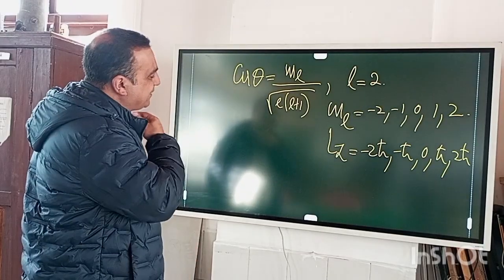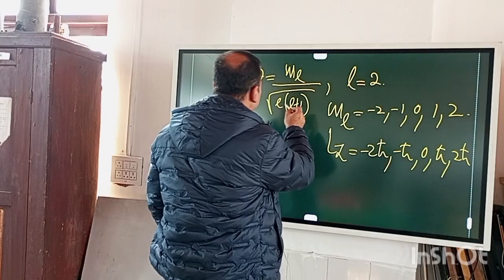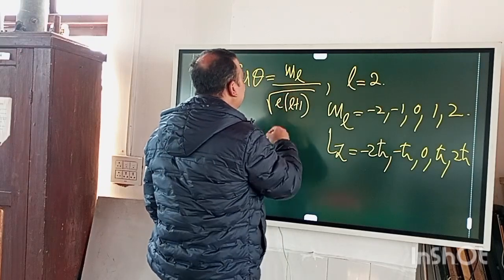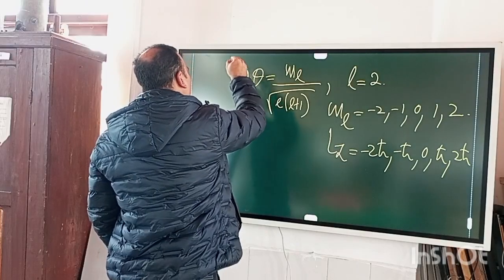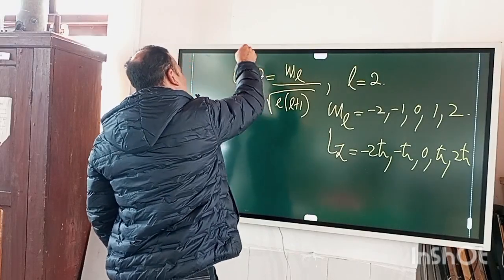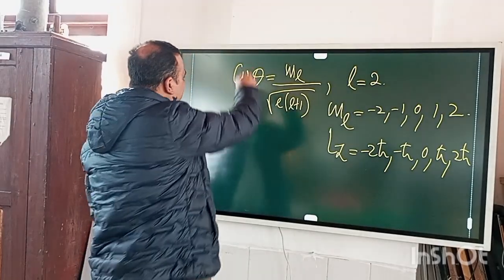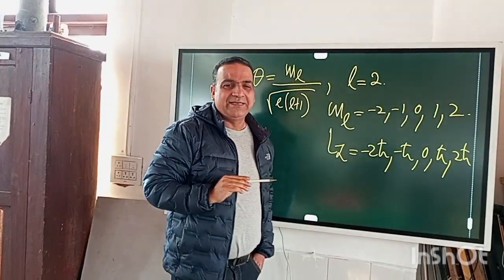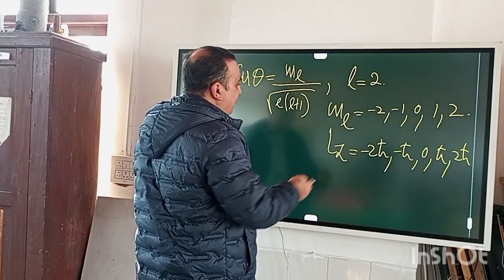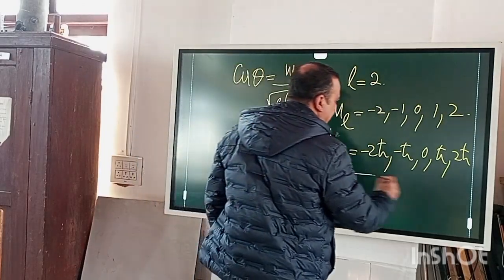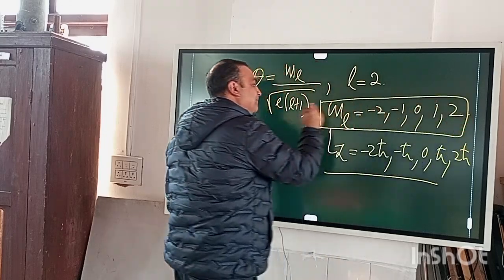Now, what we want to understand in addition to this is we have L quantized, we have ml quantized, we have cosine of theta. This means that cosine of theta will also be quantized. And if cosine of theta is quantized, then theta is also quantized. So for this particular example, we have 5 values of ml.